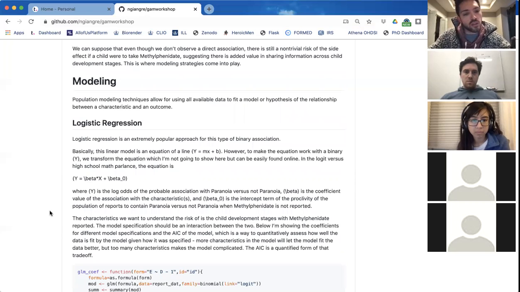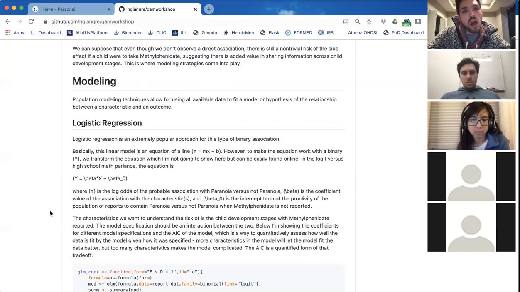Everyone knows logistic regression is like the buddy next door, an extremely popular approach for this type of binary association. Basically, it's an equation of a line. You have y equals mx plus b, and that's what logistic regression is.